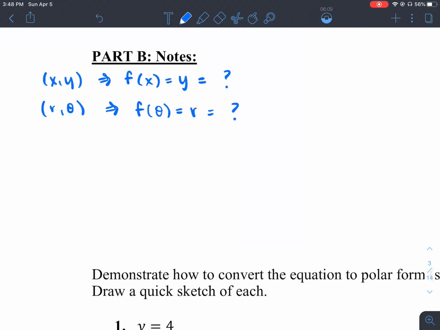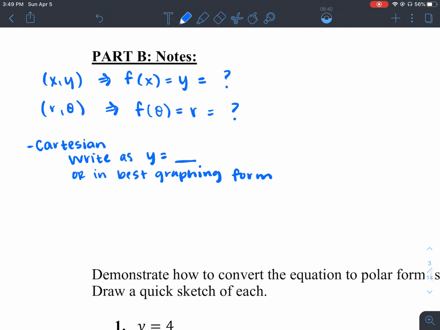If we're dealing with our Cartesian system, when we write the equation, we want to write it as either y equals something or in whatever is the best graphing form. So think about a circle. When we write an equation of the circle in the Cartesian coordinate system, we don't write y equals plus or minus the square root of blah, blah, blah.